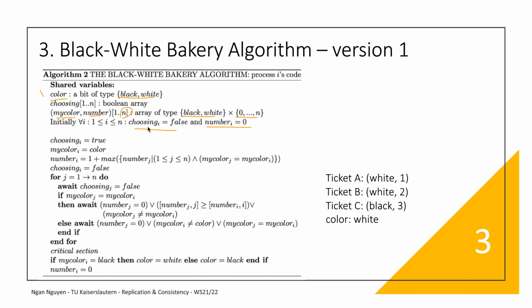Let's take a look at an example. We have three tickets. Ticket A with the values white and 1, ticket B white and 2, and ticket C black and 1, and the current color bit is white.